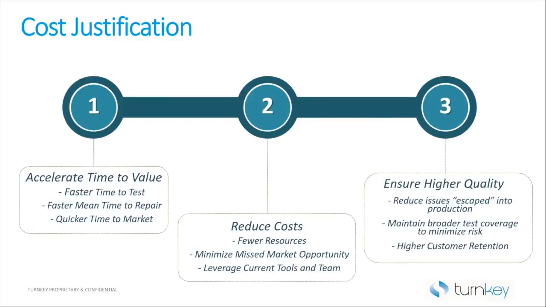Of course, building and maintaining a broader set of test coverage to minimize that risk is also an important objective as part of this process, because it leads directly to customer satisfaction, customer retention, higher revenues, and just greater brand visibility. So if you add these up, it really comes back to the age-old adage of faster, cheaper, but still better. And that's how you justify these.